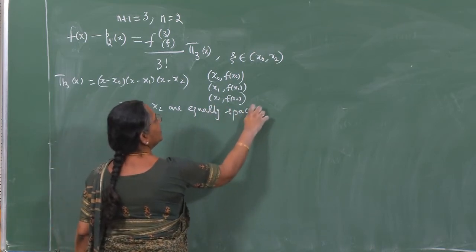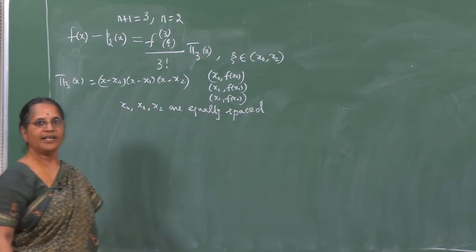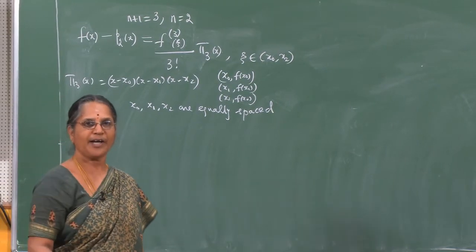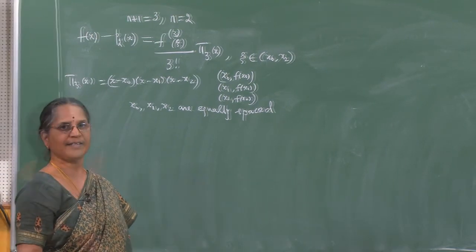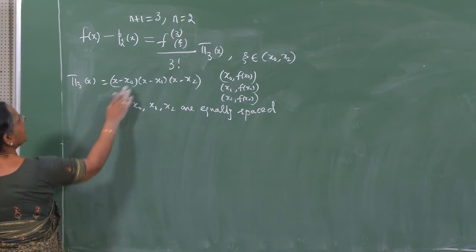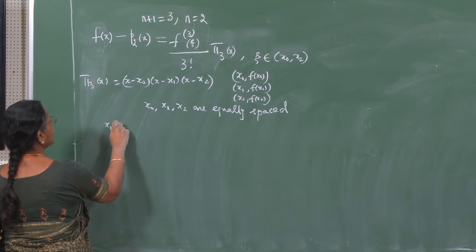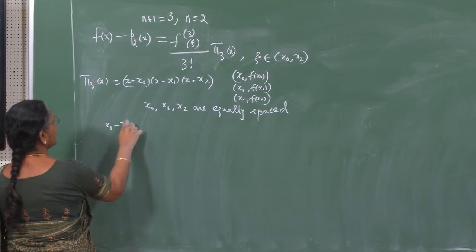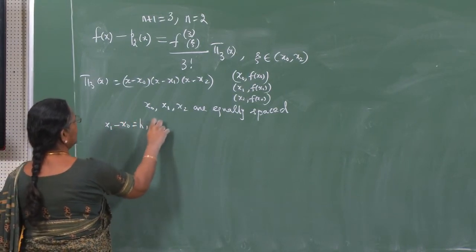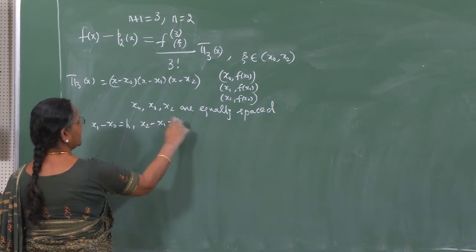So, we are determining the error bound in case the interpolation points are equally spaced. In this case I shall take x1 minus x naught to be h, and x2 minus x1 is h.